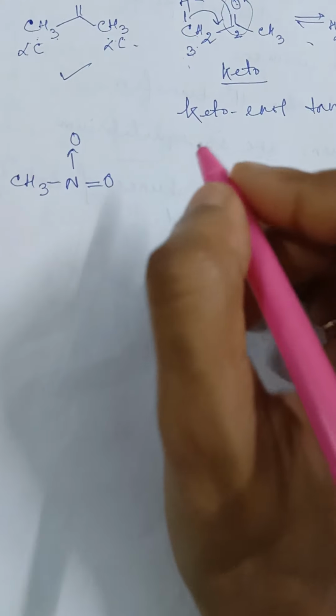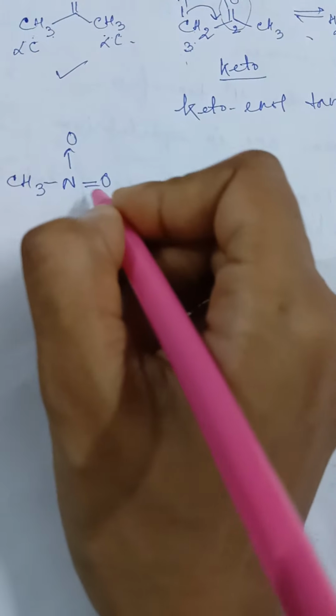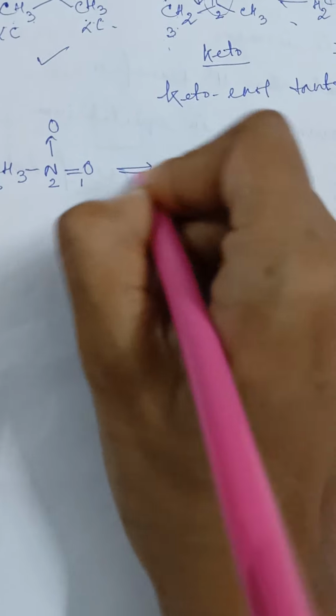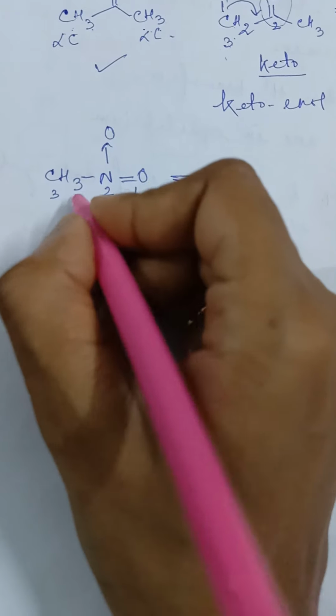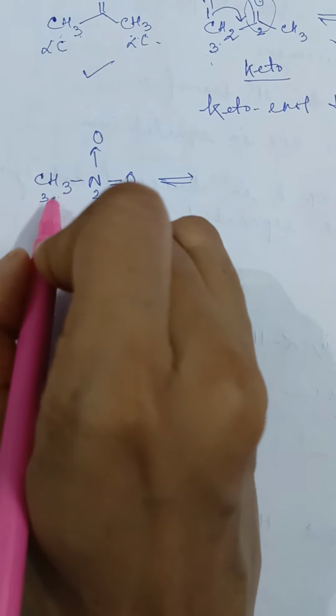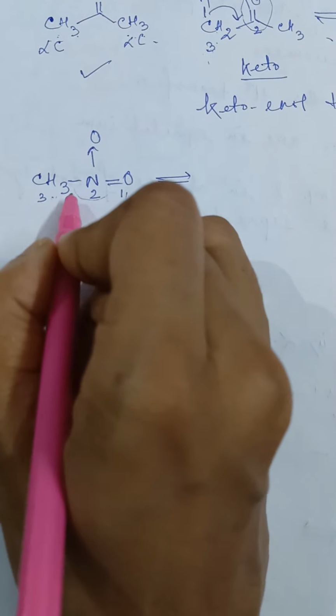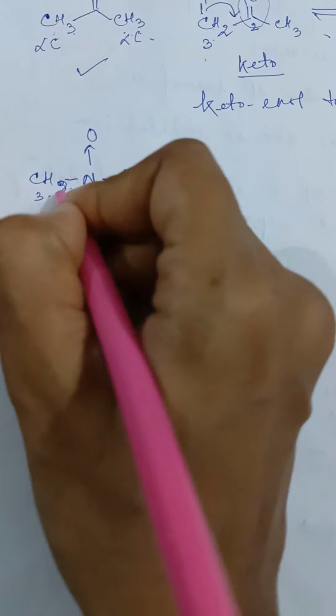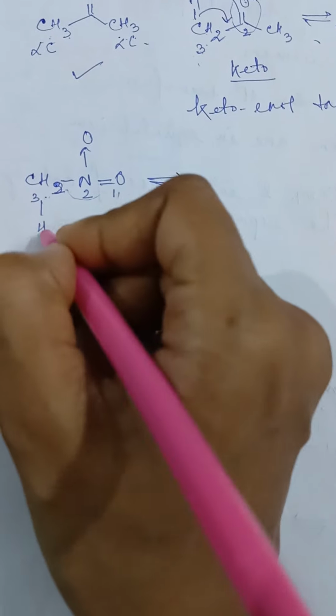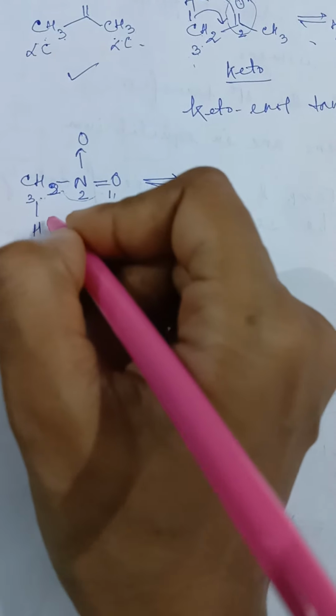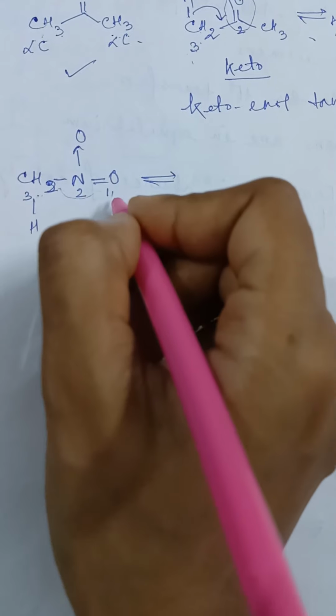This is 1, this is 2, this is 3. This is an sp3 hybridized alpha carbon, and it also has hydrogen. So this hydrogen will get transferred here and the double bond will come here. If we show it like this, what will happen?